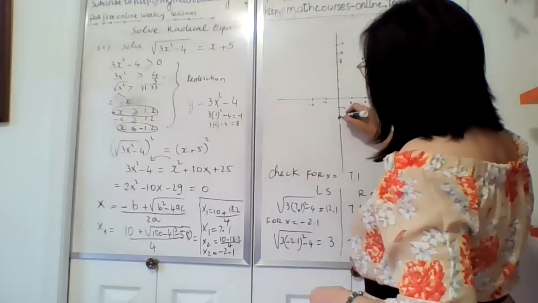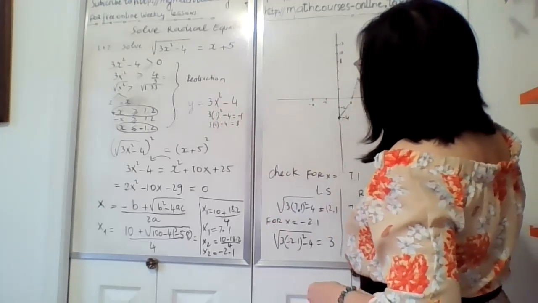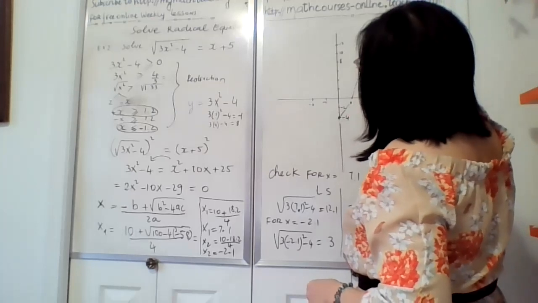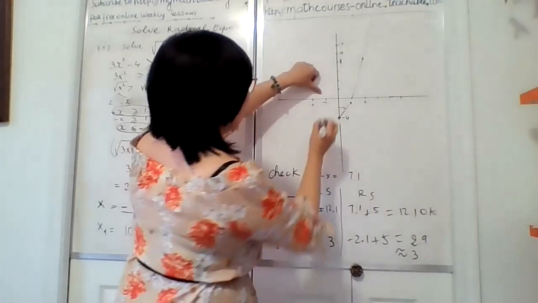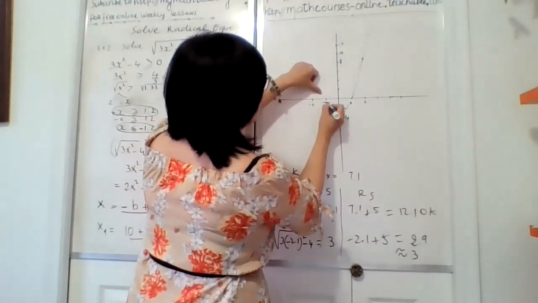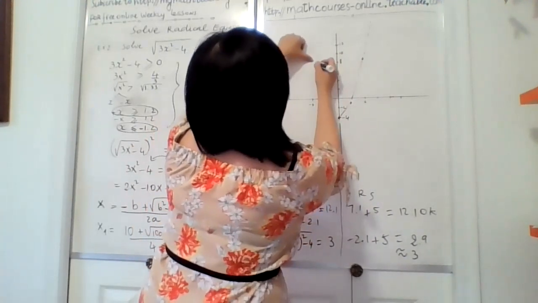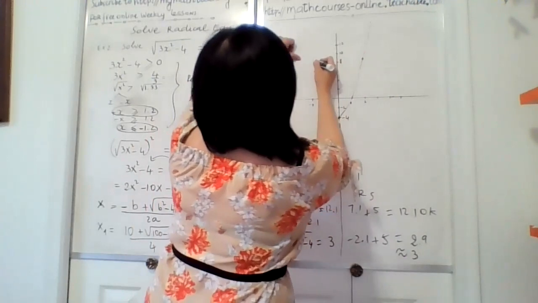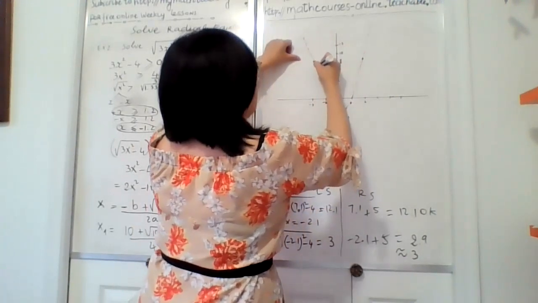Now the parabola is symmetrical, so we know our parabola will have another point like this on the other side. This point will be here. So that's how our parabola looks.